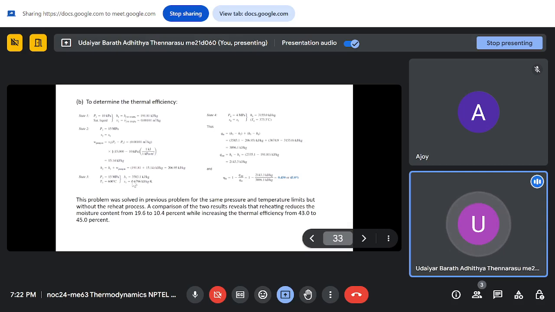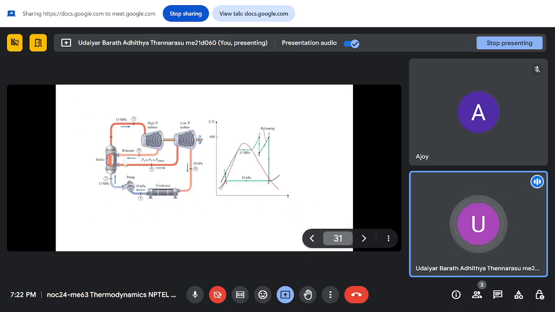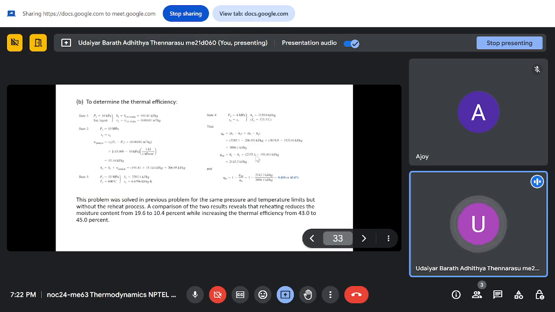Because 3 to 4 is an isentropic process, S3 is equal to S4, and you know your calculated pressure, which is 4 megapascal. For that same entropy and pressure, you can find your enthalpy from the steam table. It will come out to be 3155 kilojoule per kg, and the corresponding temperature at that point is 375.5 degrees Celsius.